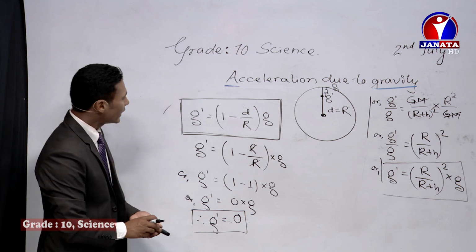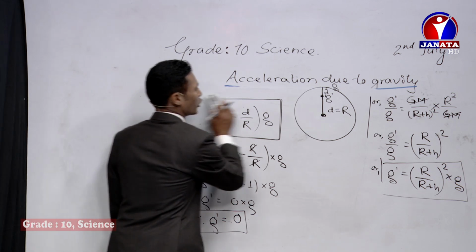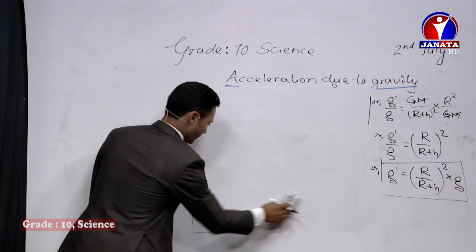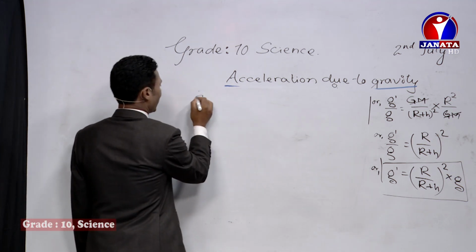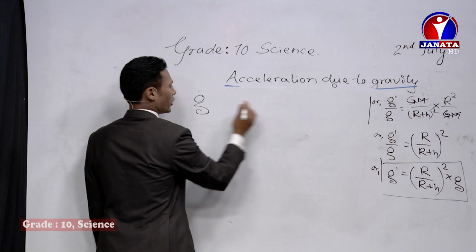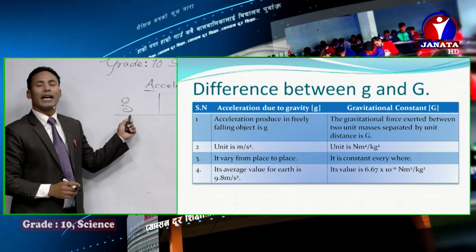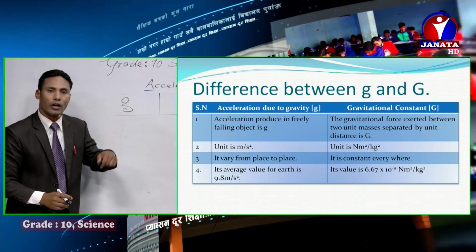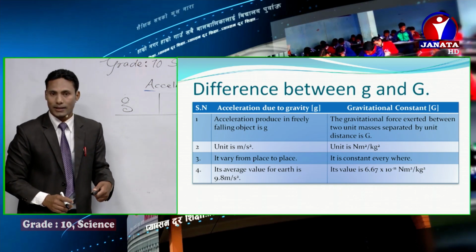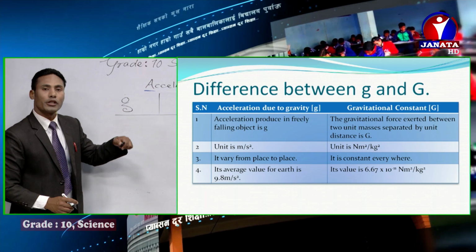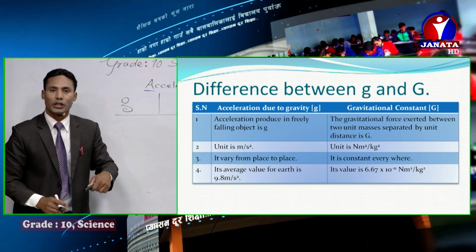Okay. Now let's check the differences between the capital G and the small g. The small g is the acceleration produced on a freely falling object, and the capital G is the universal gravitational constant.